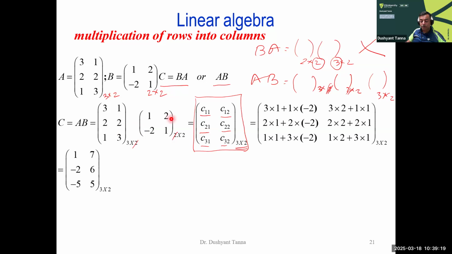C22, second row, second column: 2 with 2, 2 with 1. Okay? Third row, first column: 1 with 1, 3 with minus 2, 1 with 2, 3 with 1. Okay? And then it's our basic number multiplication, addition, subtraction. Simplified. 3 minus 2 is 1, 6 plus 1, 7, and so on.